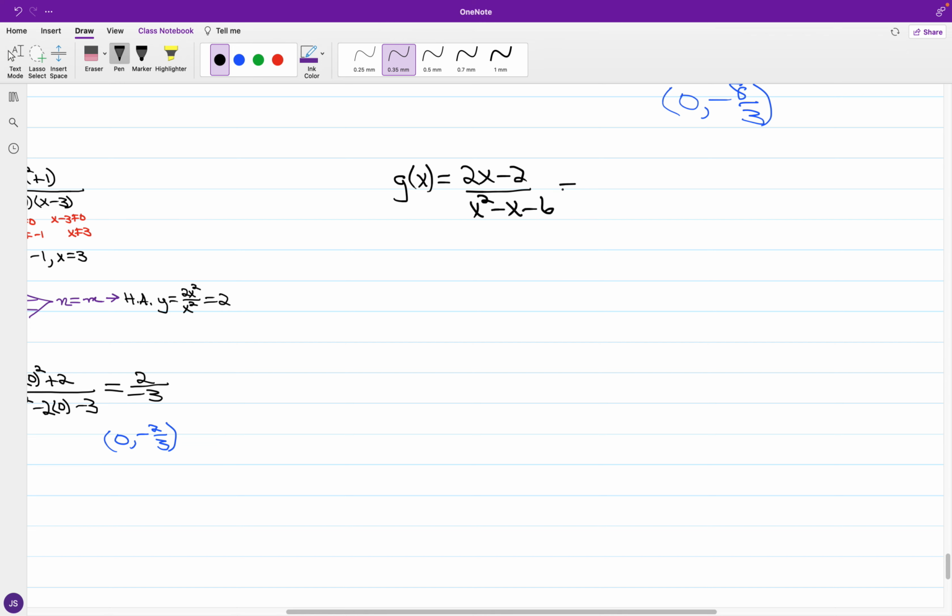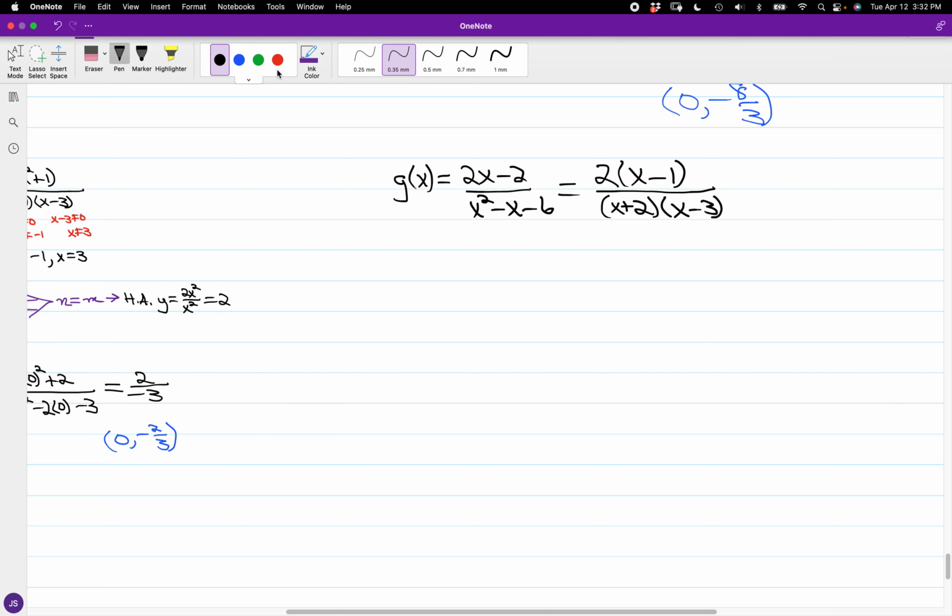If I go ahead and express this in factored form, in the numerator we have 2 times the quantity x minus 1, and for the denominator, we have x plus 2 times x minus 3.